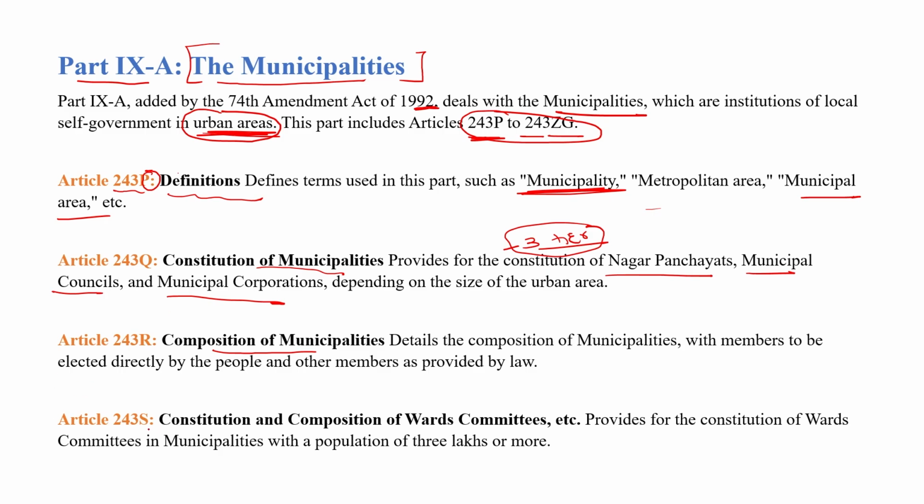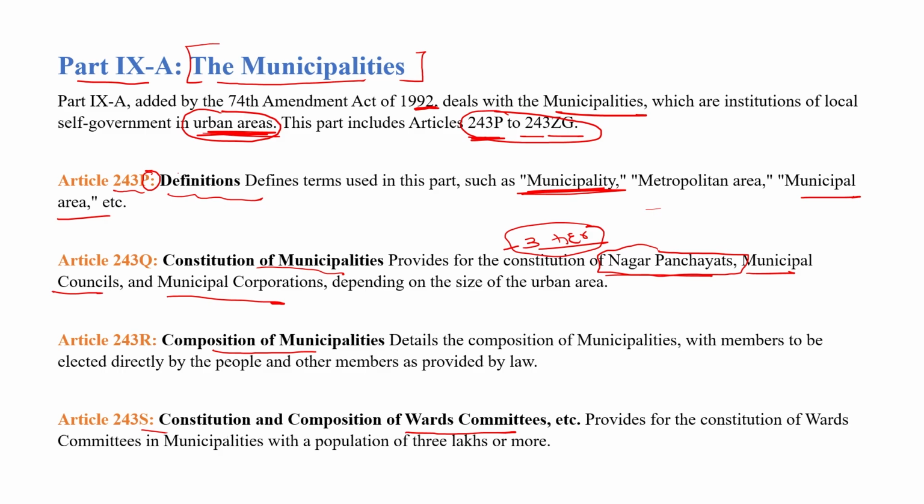What does Article 243S say? Constitution and composition of ward committees. It explains specifically the lower level municipalities, lower level urban panchayat, Nagar Panchayat. It provides for the constitution of ward committees in municipalities with a population of 3 lakh or more.